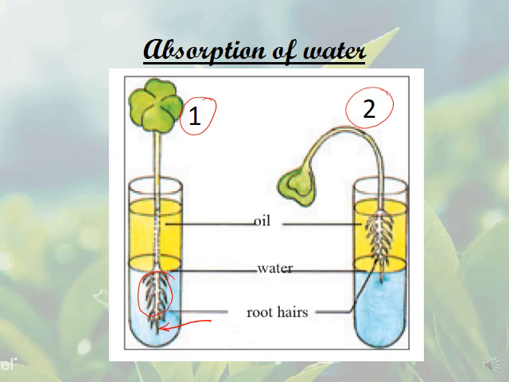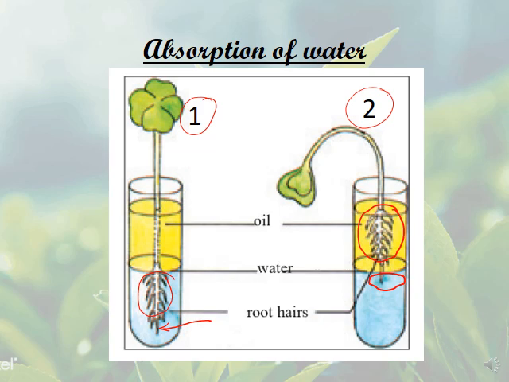However, in plant 2, the root hairs are in oil, but the root cap here is in the water. Plant 1, where the root hairs and the root cap are in water, grows normally. However, plant 2, where the root hairs are inside the oil and the root cap in water, dies.